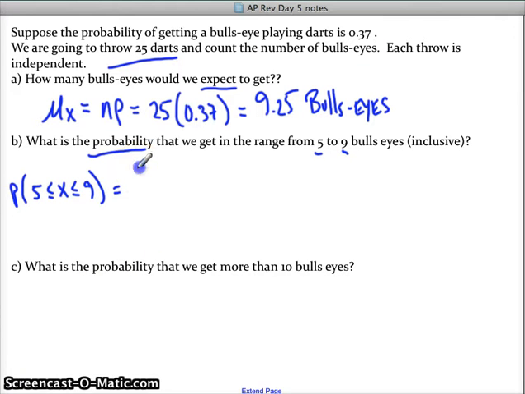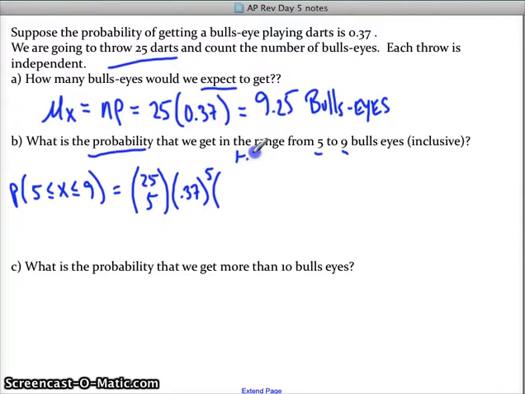Out of 25 attempts, we want to get 5 bullseyes. This is also known as 25 choose 5. Then we do the probability of success, 0.37, to the bottom number, which is a 5. And then we want the probability of failing, 1 minus 0.37.